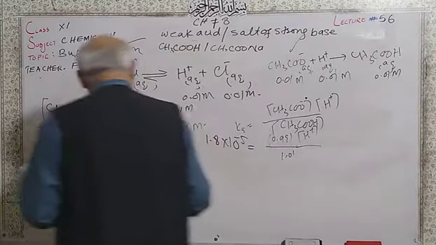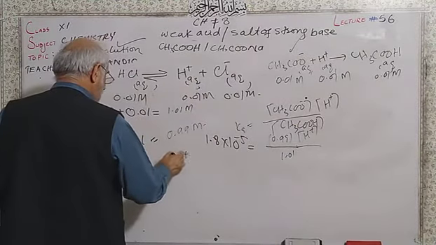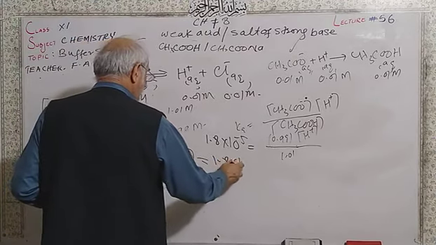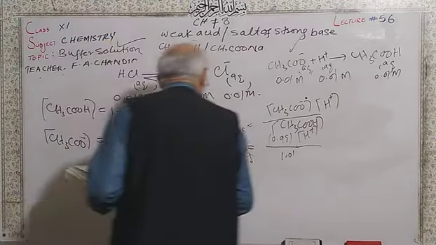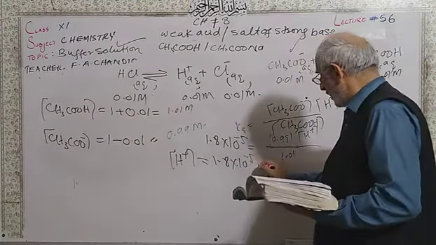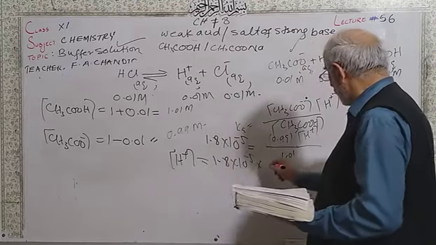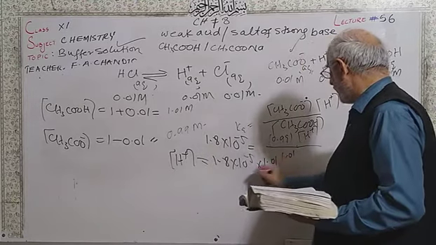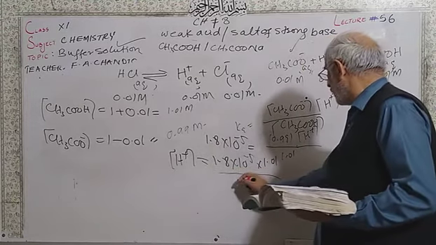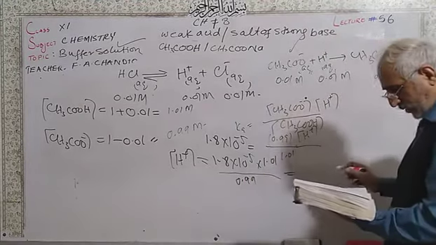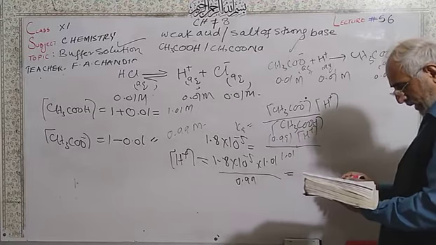So when you calculate the hydrogen ion concentration, your formula will be 1.8 times 10 raised to the power minus 5 as the numerator here, multiplied by 1.01 divided by 0.99, then you will get the hydrogen ion concentration.